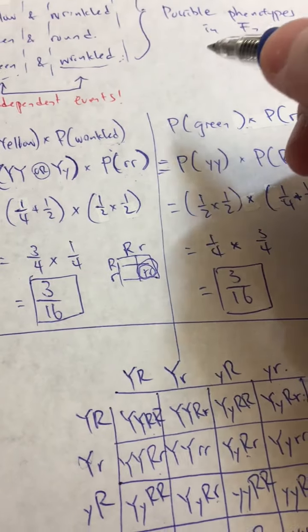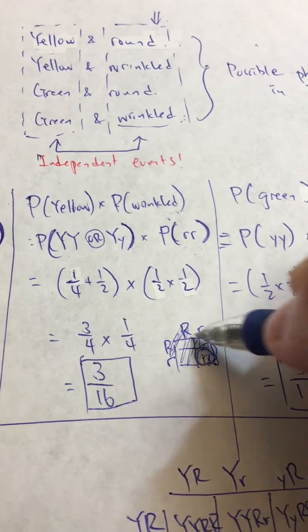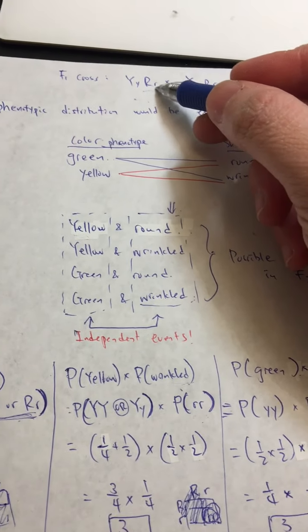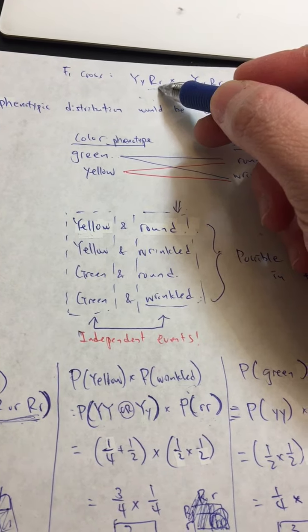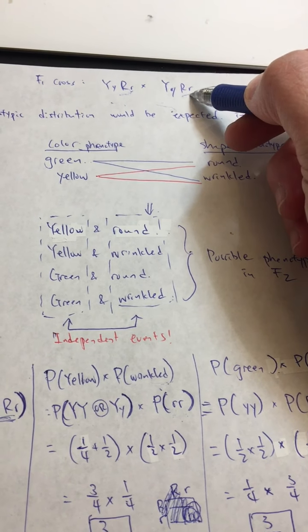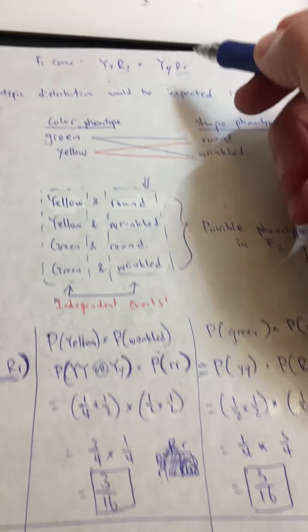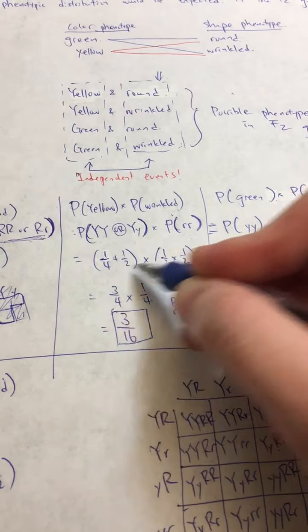Or, after you've done enough practice, you don't even need to do this. You just look at the cross and say, okay, in order for us to get one small r from this parent, that's 1/2 of a chance. In order to get this other small r from the other parent, that's 1/2. So 1/2 times 1/2, that's 1/4. In either case, you multiply the two together, you get 3/16.